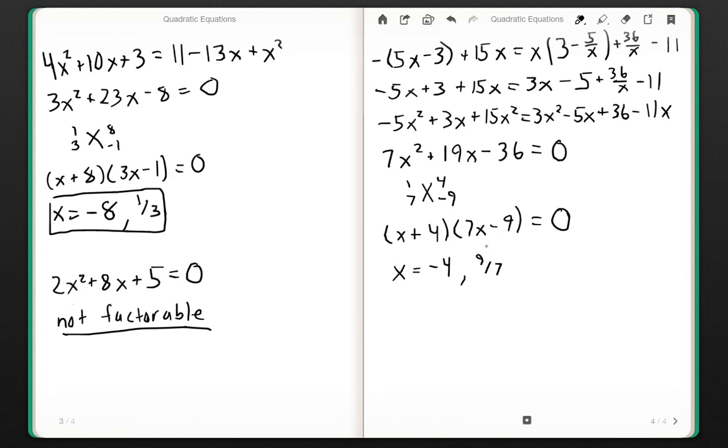And you can see that that works if we put 9 over 7 back into this problem. 9 over 7 times 7 is 9. Minus 9 is 0. So putting 9 over 7 into this expression does make it 0. And that is why it is a solution of x. So you see you always have two solutions for x in these quadratic equations.